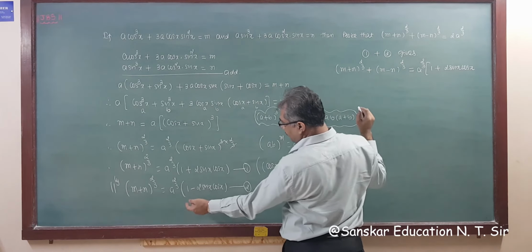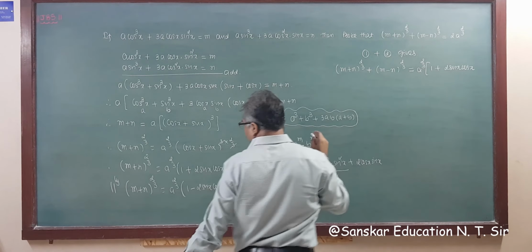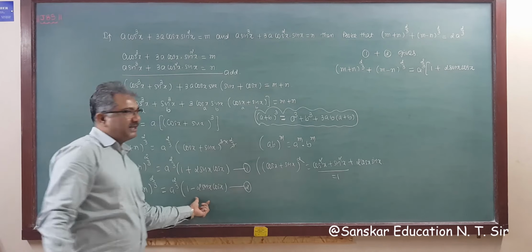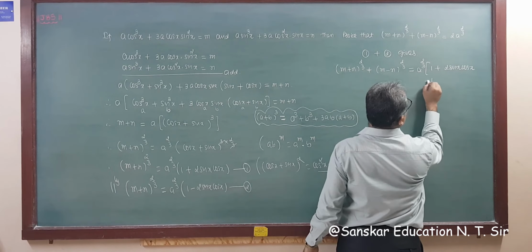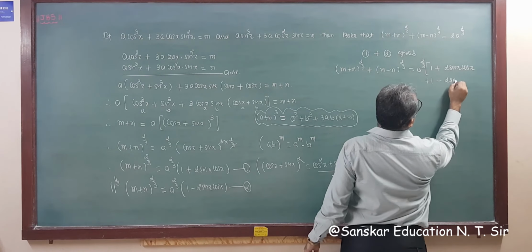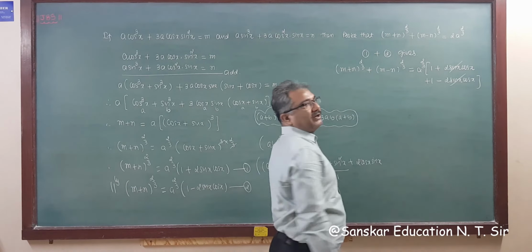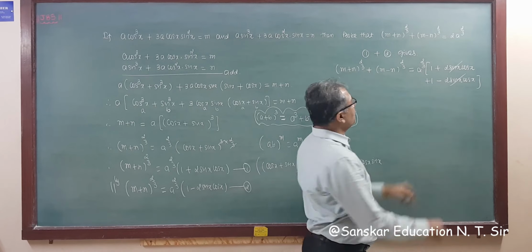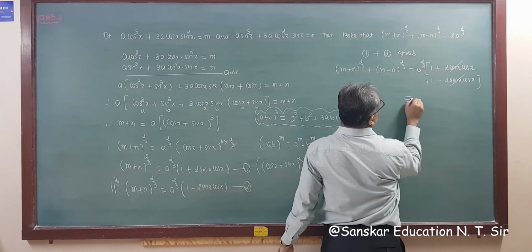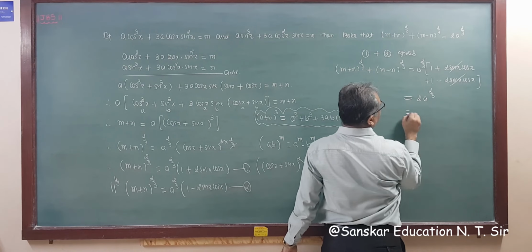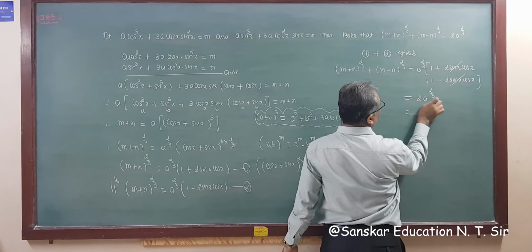And we are adding 1 minus 2 sin x cos x. So the sin x cos x terms cancel, and 1 plus 1 is 2. So the answer will be 2 times a raised to 2 by 3, and that is what you want to prove.